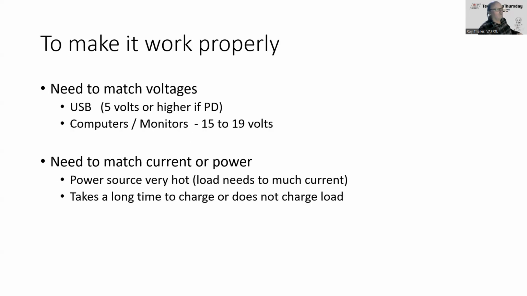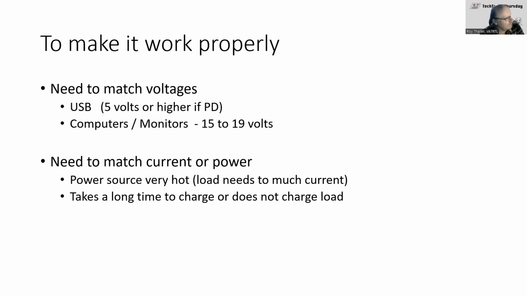And to make it work properly, we need to match voltages. So typically, we have USB voltage, with its 5 volts, and then computer monitors may go up to 15 or 19 volts in their power pack.